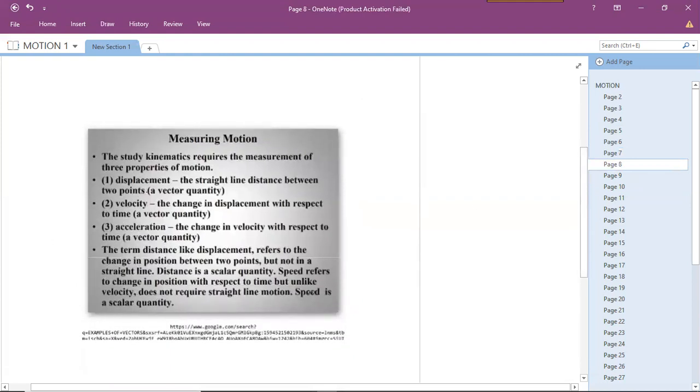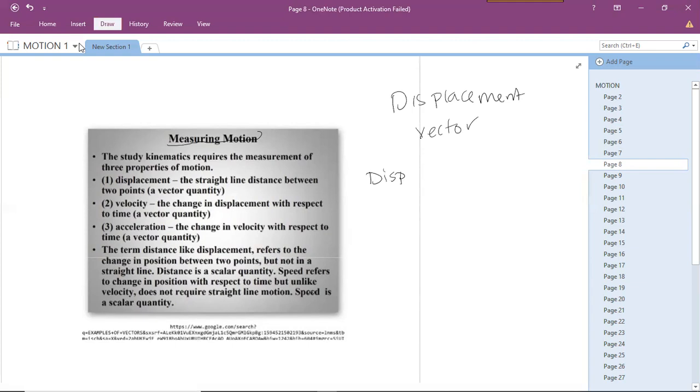And to know kinematics, we have to know a few terminologies. We have to know what displacement is. Displacement is a vector quantity, and it's the distance moved. Displacement is practically distance, but the difference between distance and displacement is that displacement is a vector.